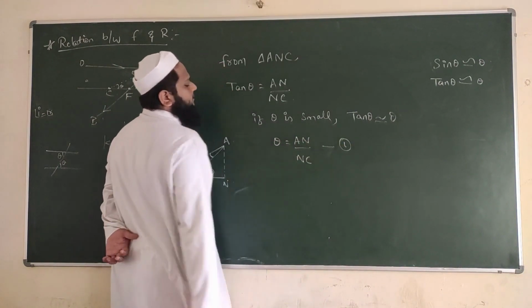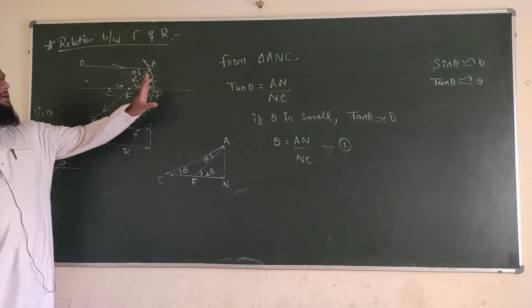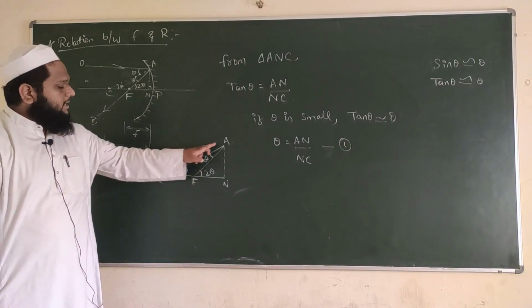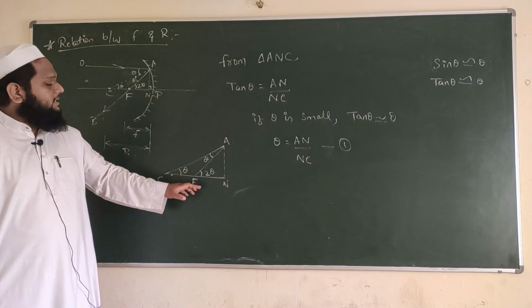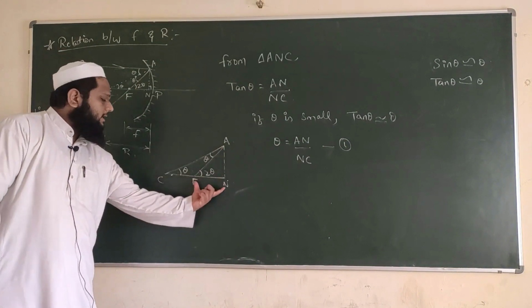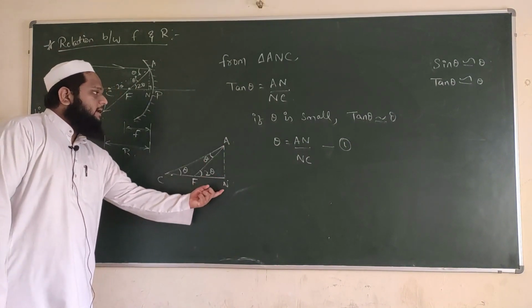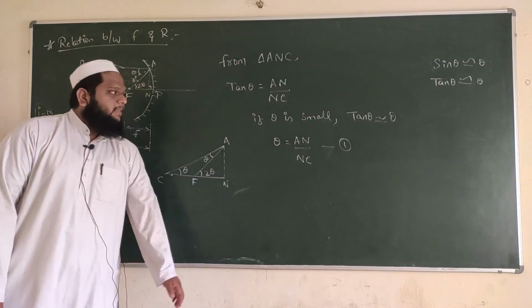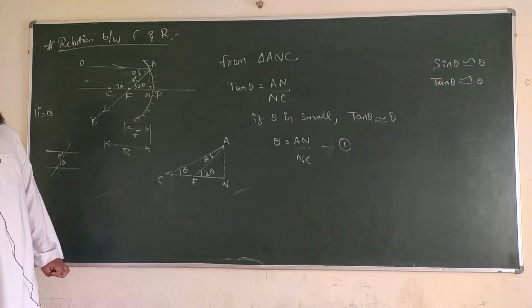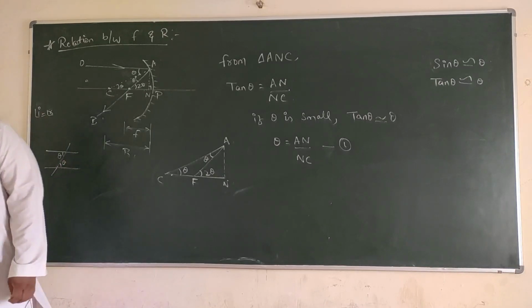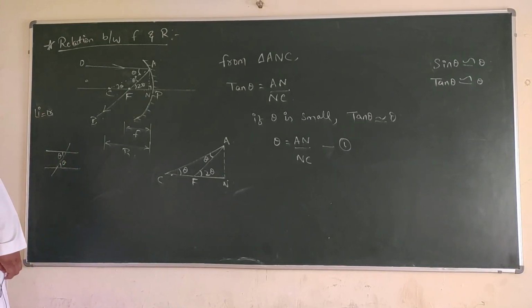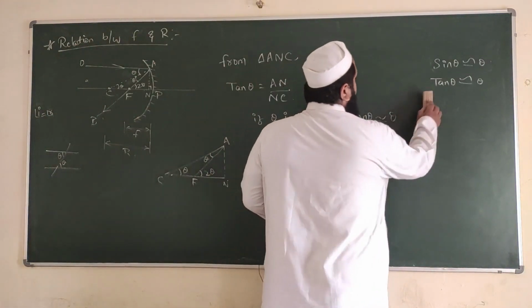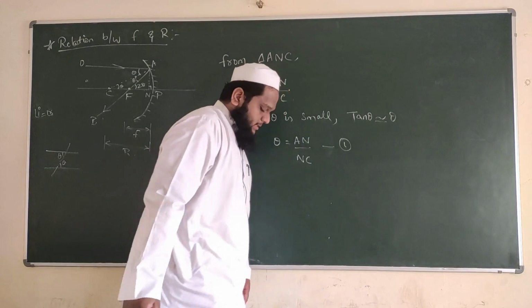This is your first equation. I hope these steps are clear. From the bigger triangle ANC, tan theta is opposite by adjacent, AN by NC. If theta is small, it becomes AN by NC. Done. Let us move on to the next thing, triangle ANF. Here I already know it, so that substitution will do.